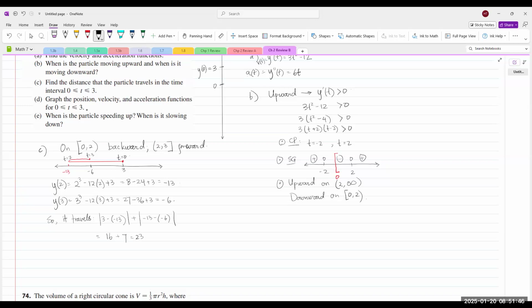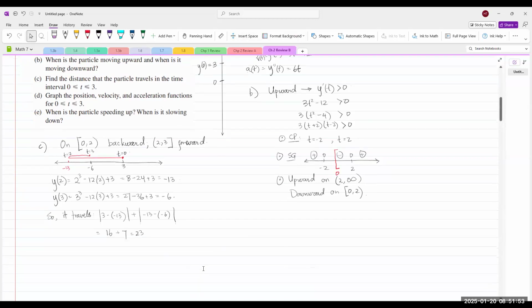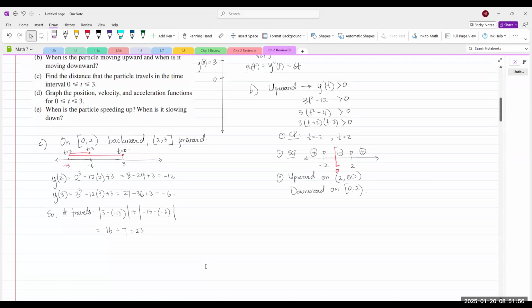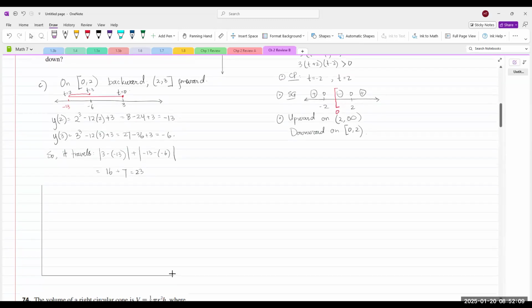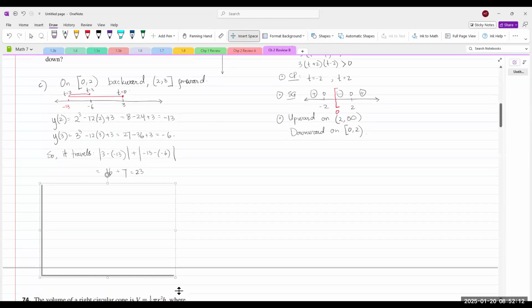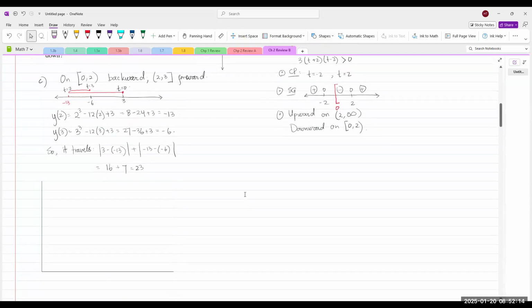Okay, now part D, graph the position, velocity, and acceleration functions for that. In our textbook, this actually has a graphing notation. So I would just do the graphing. I think it's not too hard to do by hand, just for the derivative and second derivative. So let's say this is our t-axis, and this is the y prime, y double prime axis.